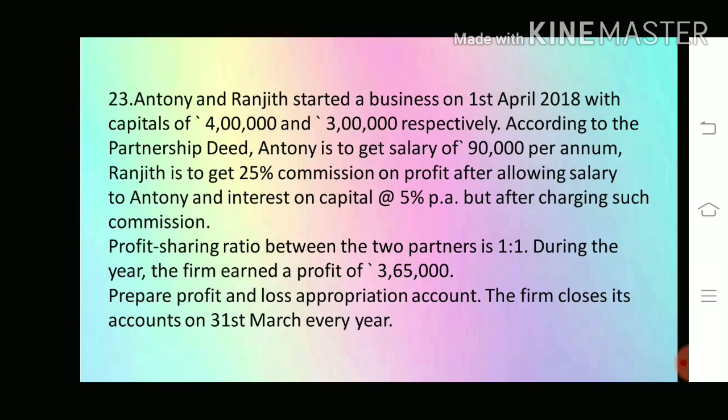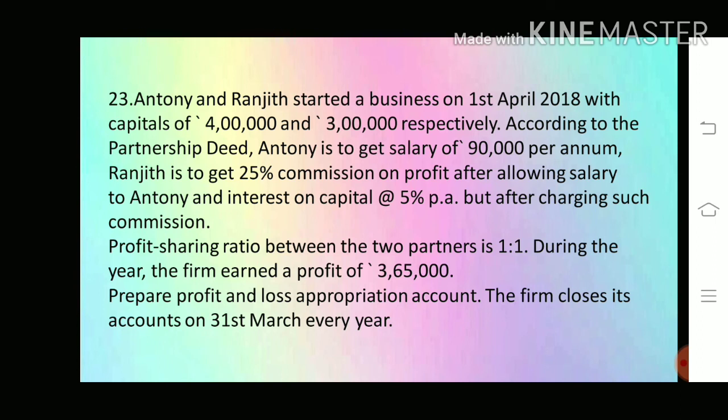Then next question number 23. Anthony and Ranjit started a business on 1st April 2018 with capitals of 4 lakh and 3 lakh respectively. According to the partnership deed, Anthony is to get salary of 90,000 per annum.